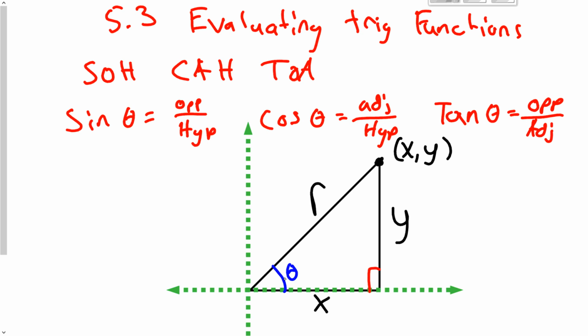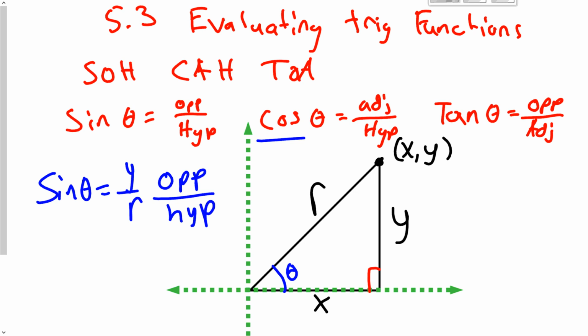Well, our sine of this angle is y over r. Well, that's the same as the opposite side of this angle, right? The opposite side over r, which is the opposite of the right angle, so that would be the hypotenuse. We can do the same with the other functions, cosine and tangent.